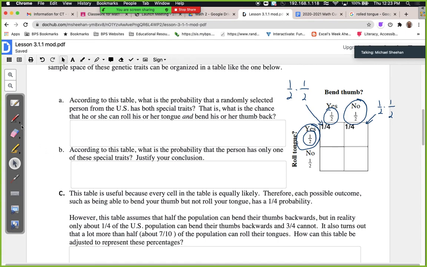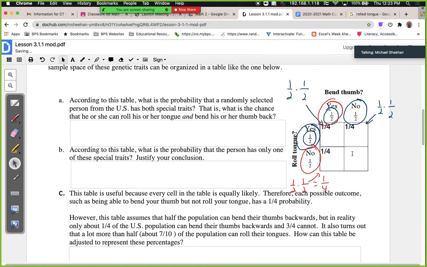All right. What's the probability that somebody cannot roll their tongue but can bend their thumb? It's going to be 1/2 of 1/2, or 1/2 times 1/2. 1 times 1 is 1. 2 times 2 is 4. All right, so 1/4.